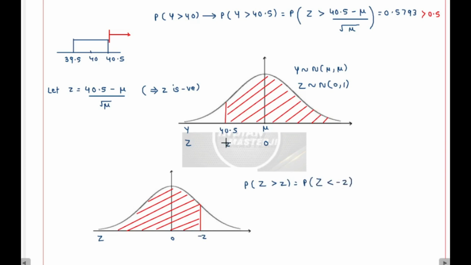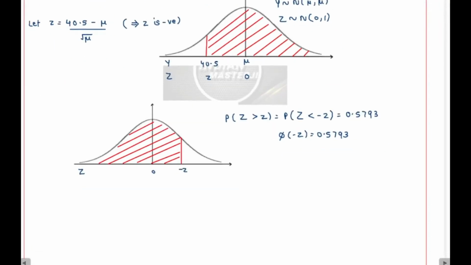Why minus z? Because here z is to the left of 0, so it is negative, and to the right it should be positive, so it should be the negative of this z. So this value will be equal to 0.5793, or in other words, phi of minus z is equal to 0.5793.